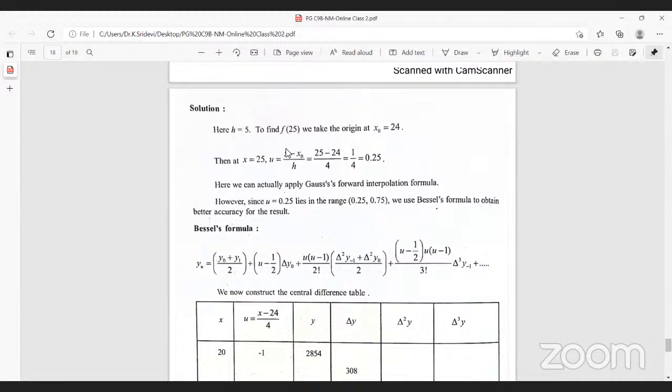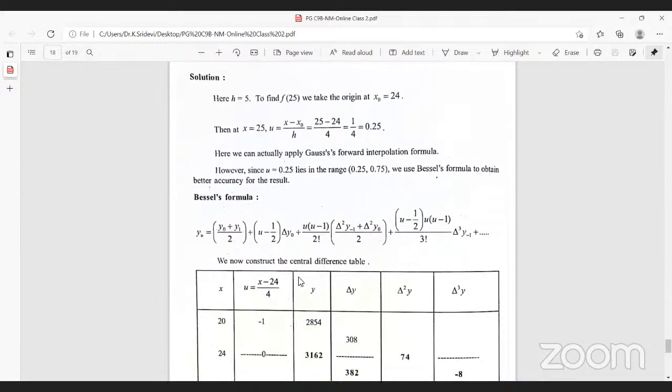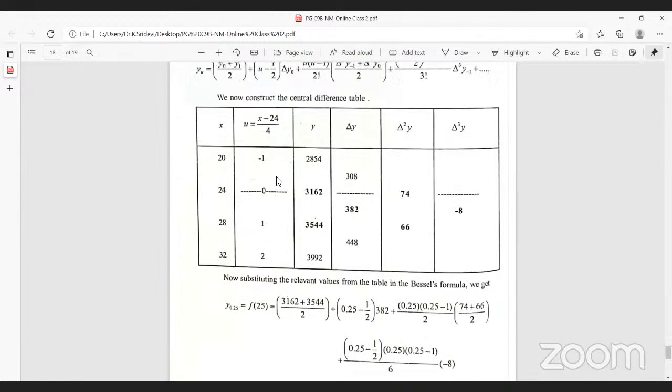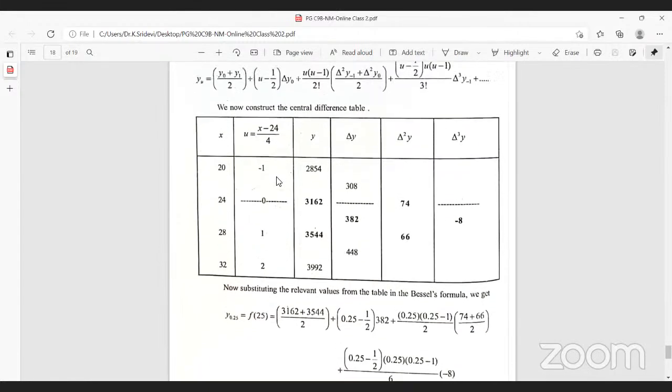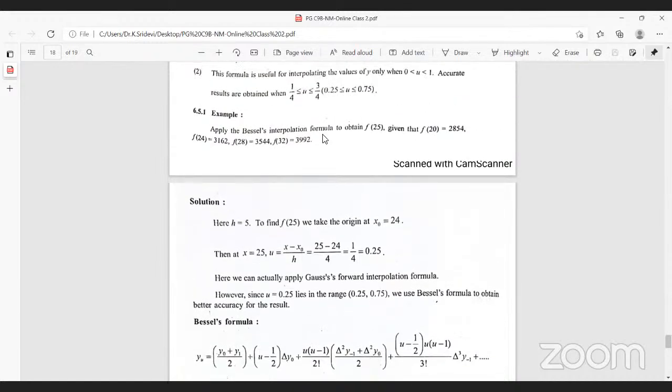Take the problem and construct the table, find the x values or y values, the u value and forward differences from the table, and substitute the relevant values in the formula, and after simplification you get the required value. So now according to this example, x values are 20, 24, 28, 32.